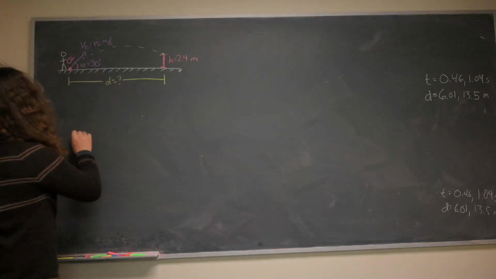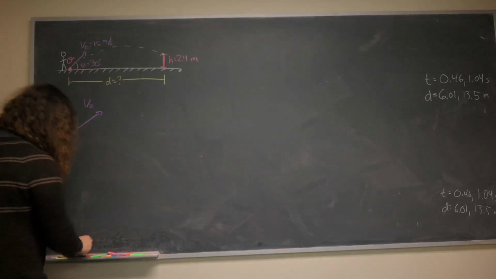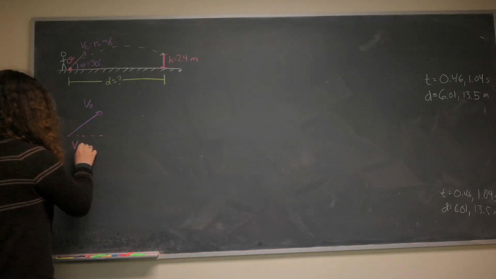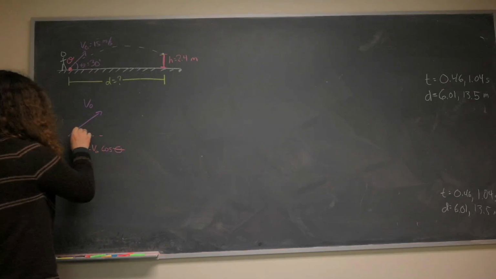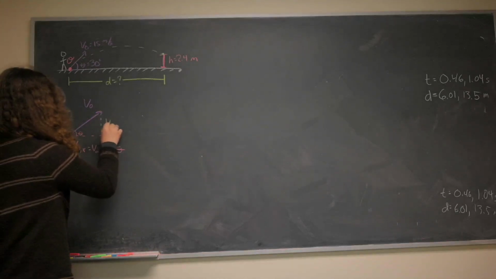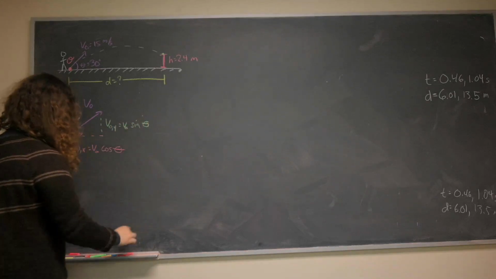We need to decompose into x and y components. So if this is our initial velocity vector, then its x component is v naught cosine of this angle. And then its y component is v naught sine of that angle.